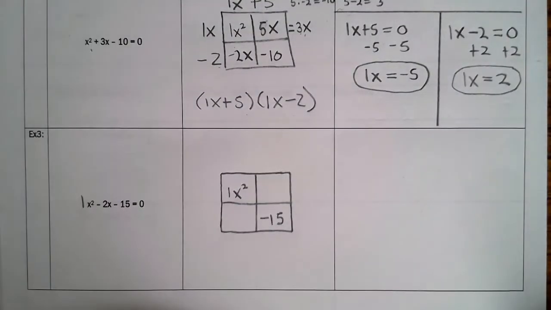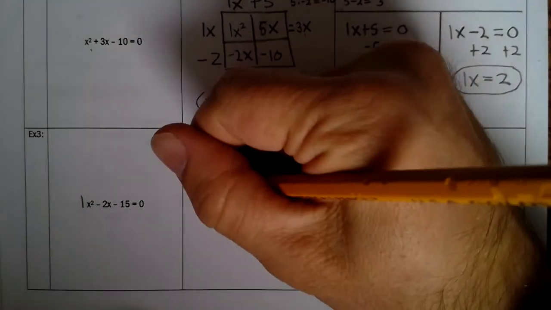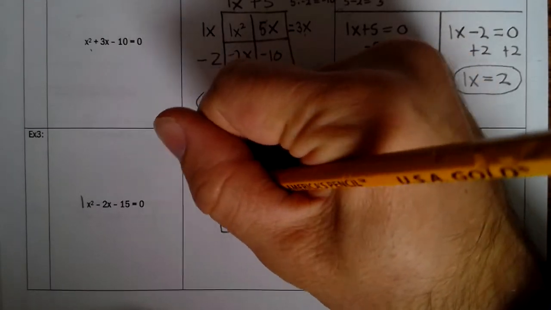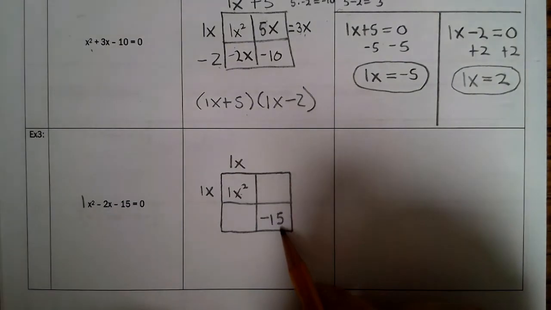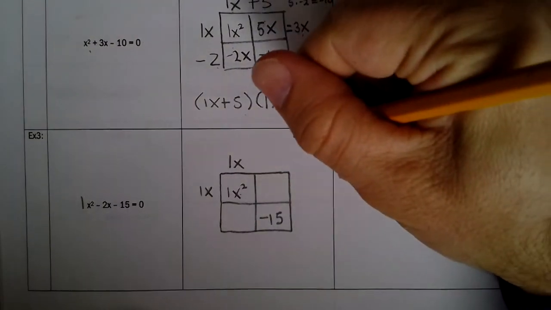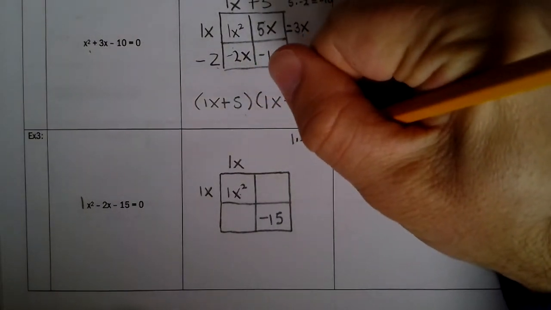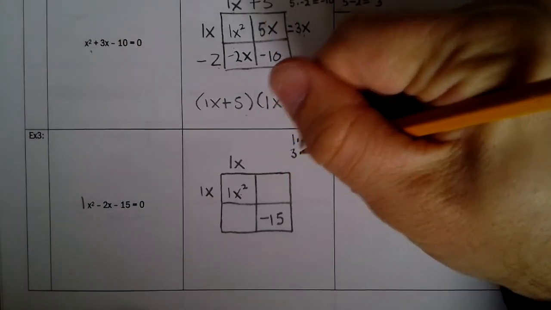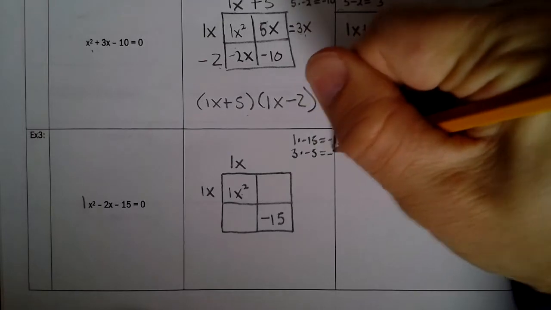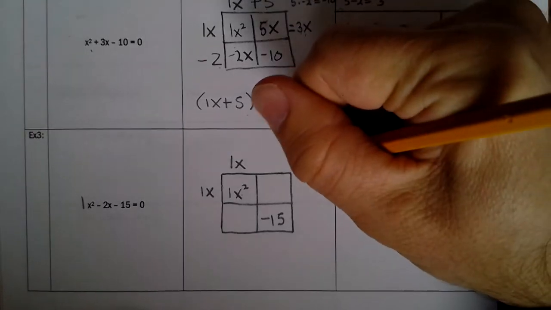So we know to make 1x squared is 1x and 1x. Now we need to find all the combinations to make negative 15. So we know that 1 times negative 15 is negative 15. 2 doesn't work. 3 times negative 5 gives you negative 15. 4 doesn't work. 5 times negative 3 is negative 15.